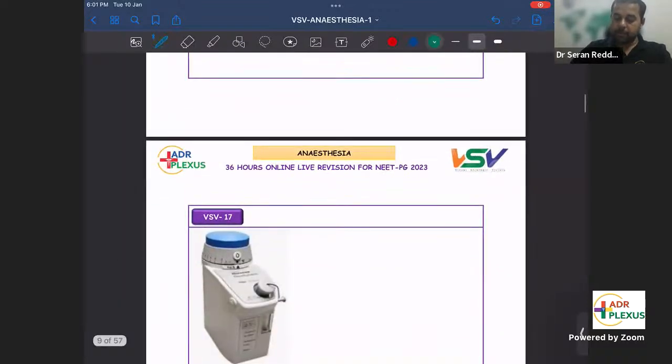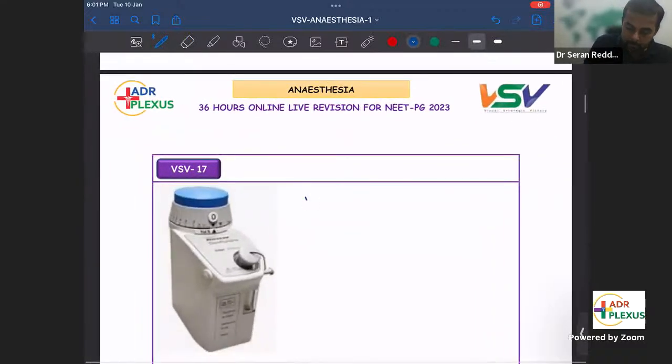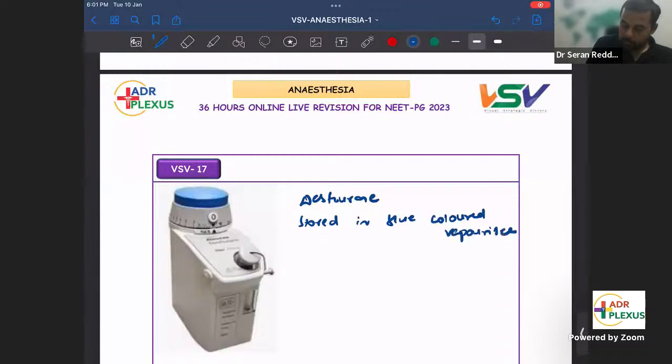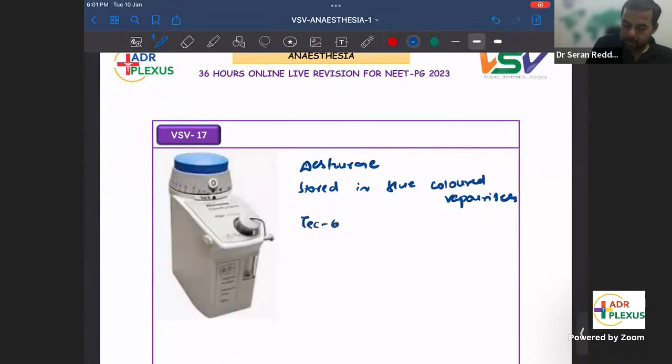Then this is a special vaporizer. This is a desflurane vaporizer, the Tec 6 vaporizer. Desflurane is stored in blue colored vaporizers. It is unconventional. It is not a variable bypass vaporizer.